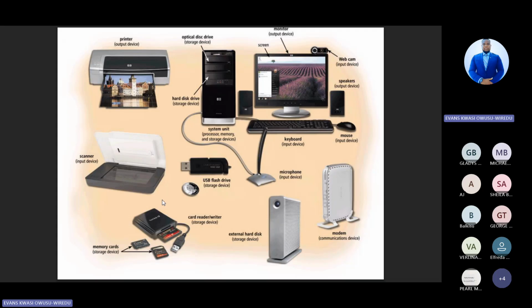All right. So now let's look at the pictures, because I can't teach these things in theory only, and you will not have access to some of these things. We have a printer here, which is an output device, because it produces the data you give it, through, let's say, Microsoft Word, Microsoft Excel, PowerPoint, any of the document writing software, or any other software that helps you to print out something.